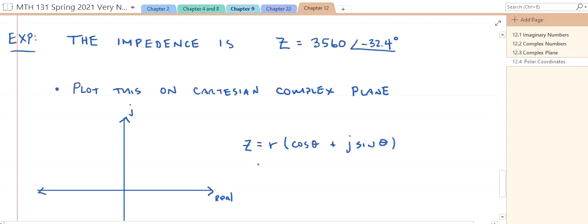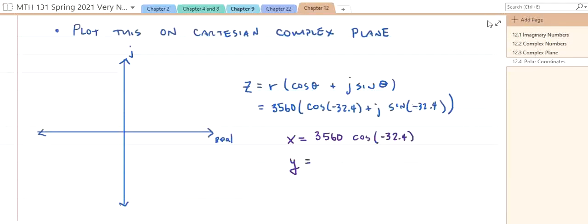So this equals 3560 times the cosine of minus 32.4 plus j sine of minus 32.4 degrees.